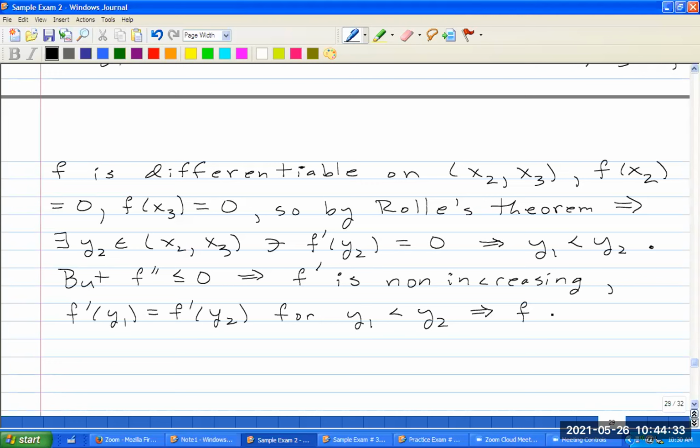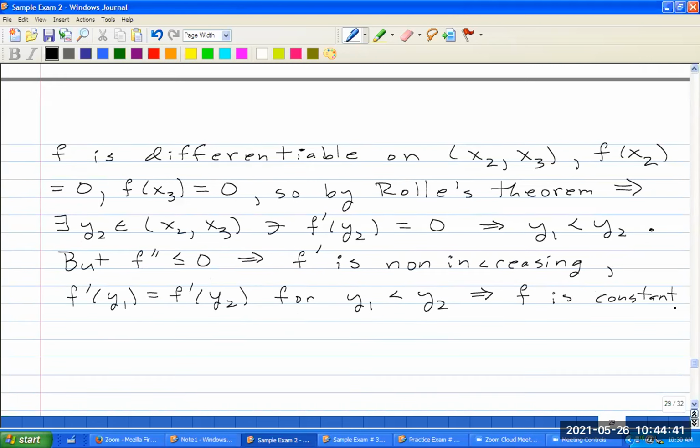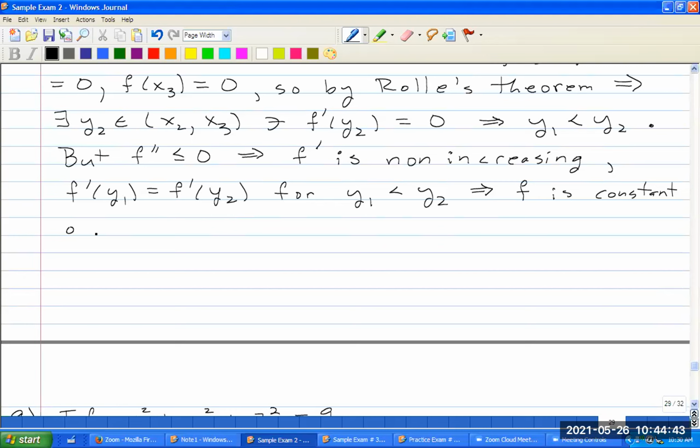So f is constant on the interval x1 to x3.